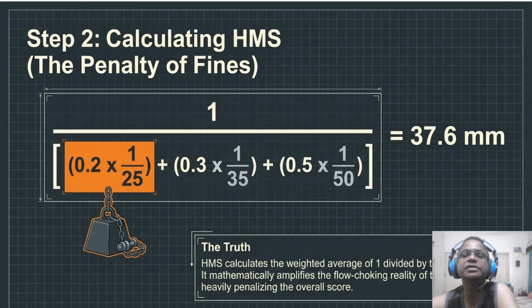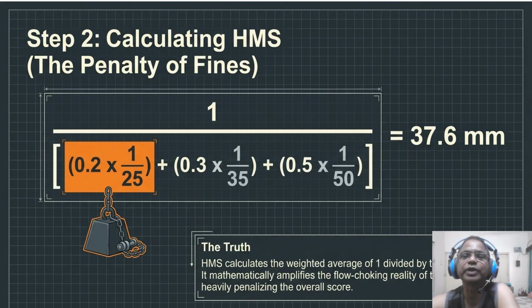We haven't changed the coke, we have just changed how we measure it. The truth is that the gas feels like it's flowing through a 37.6 millimeter bed even though the weight says 40.5. So what this means is that HMS provides a 7% reality check on your permeability.